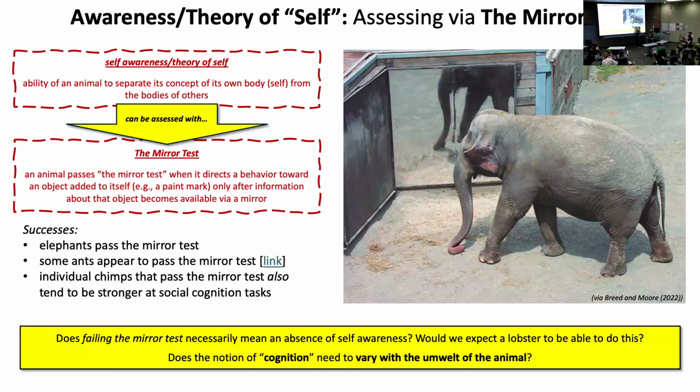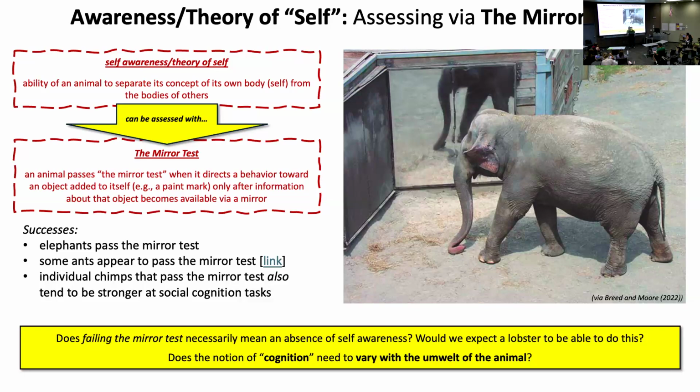They've done this with elephants, they've done this with ants, although there are some issues with how they do it. In the case of the ants, the ants have a black cuticle in this particular case. So some ants got black paint that wasn't visible, and some ants got red paint. The paint is made from the same stuff, so it still smells the same way, but it looks different.